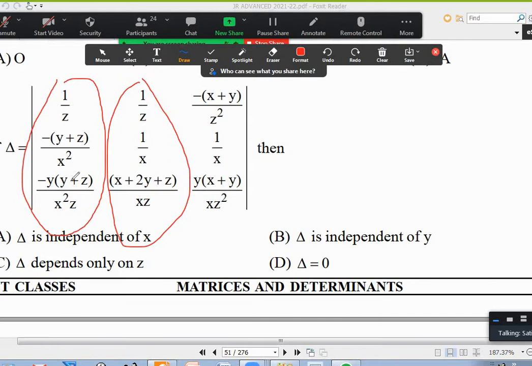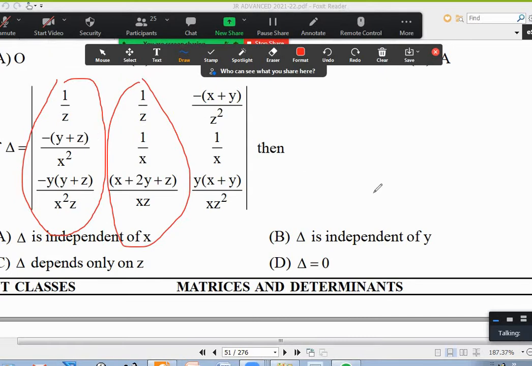This is x by z, this is y by z, and this is z by z. What will happen to this? We have multiplied x by z and y by z. Y will get cancelled. Yeah, it is becoming 0.